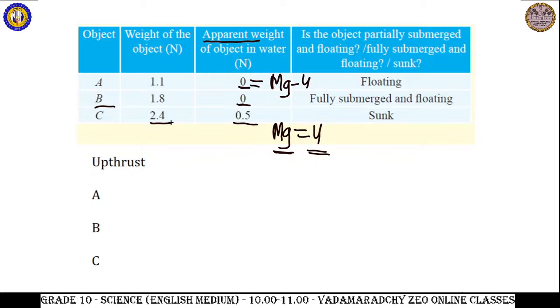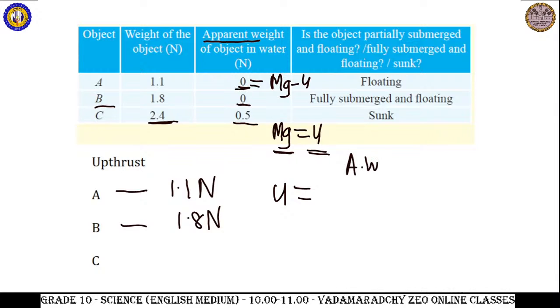The upthrust of A is equal to 1.1 Newton, upthrust of B is equal to 1.8 Newton, and for the scenario C, we have already studied that apparent weight is equal to weight of object minus upthrust. So upthrust is equal to weight of object minus apparent weight.